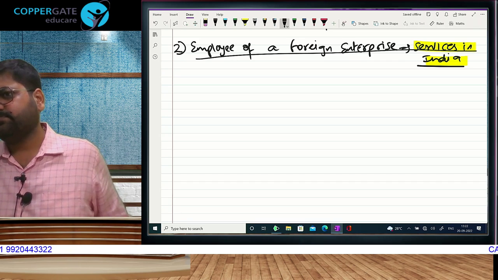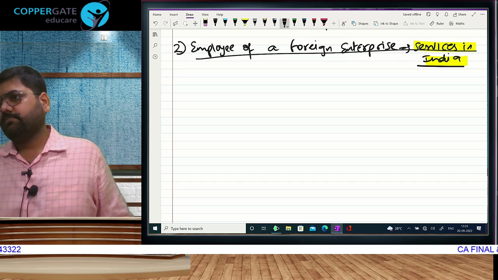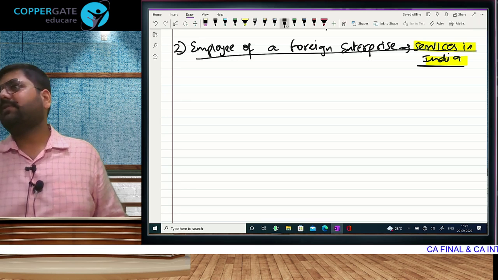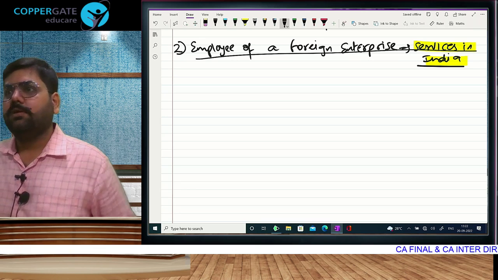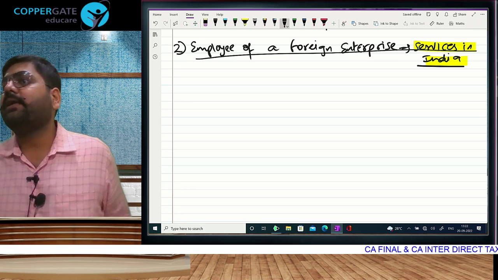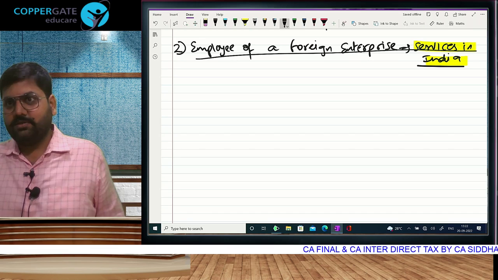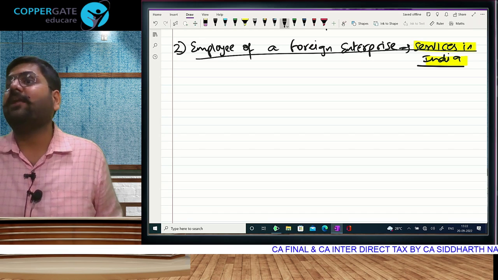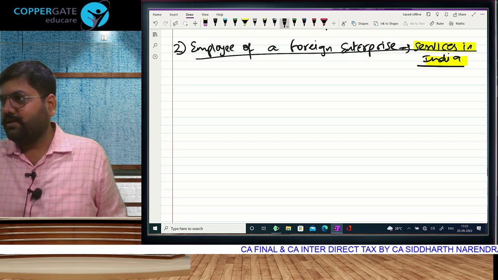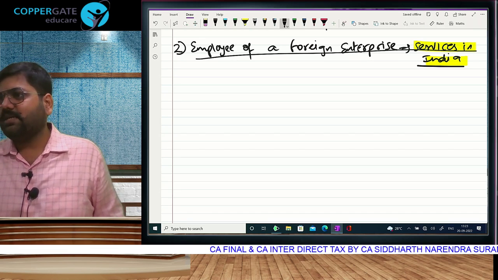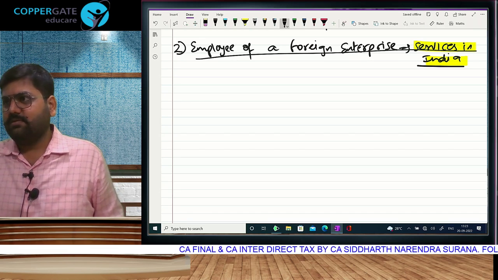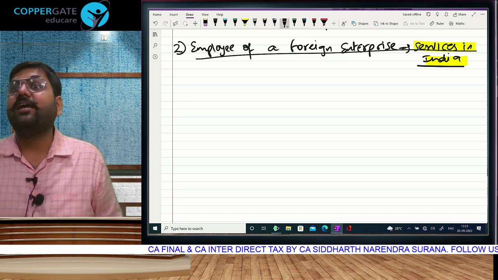How? Some are wondering, sir, what is impossible in this? It's something very normal. Can a foreign enterprise have an Indian office? Indian branch? Having lots and lots of Indian employees? Correct? Indian employees ka salary is going to be taxable. Okay? But we are sending a non-citizen.